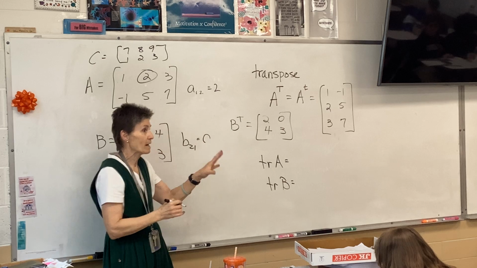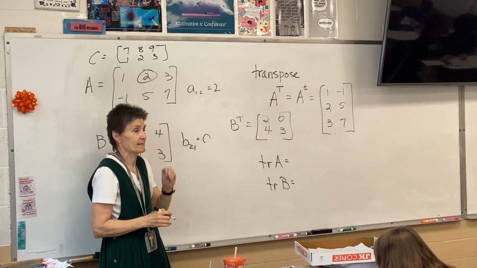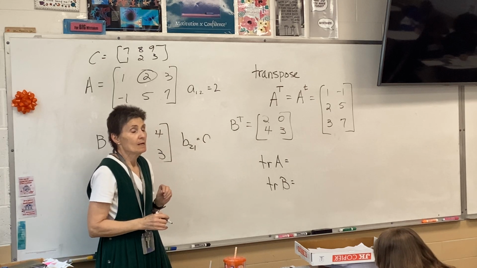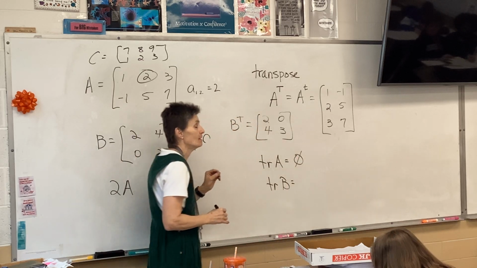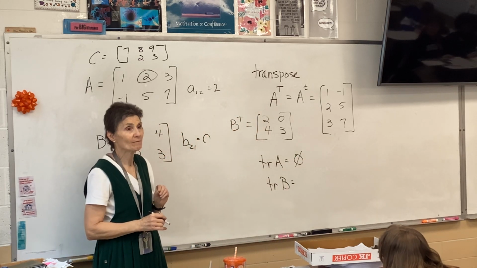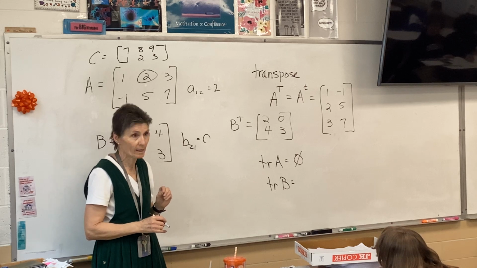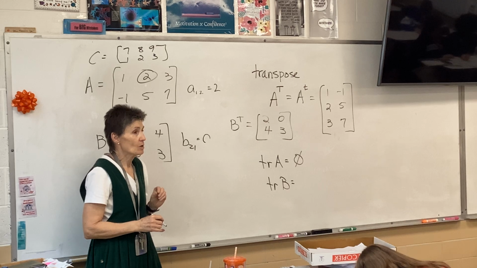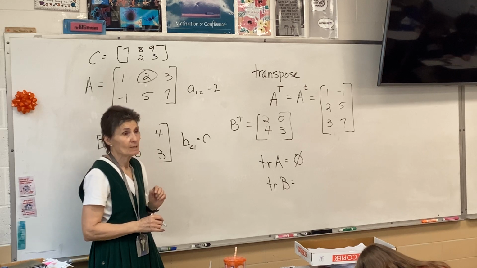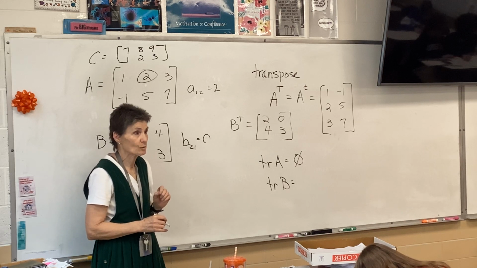TR, that means trace. We're finding the trace of the matrix. A does not have a trace because in order to have a trace, you must be square. You gotta be square. So A is not square, so therefore it has no trace.